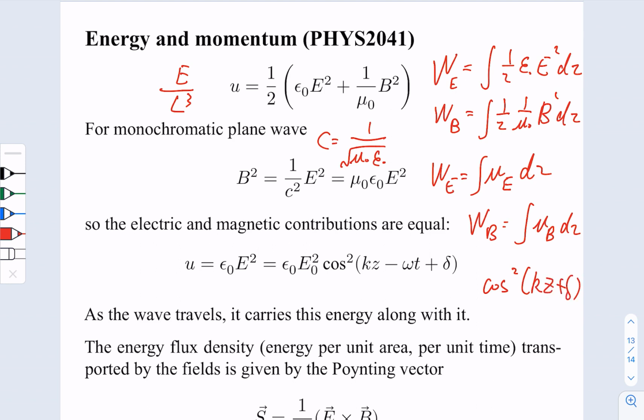There won't be any time dependence, or you can think of this as a snapshot of the energy density at a specific moment t. For this kind of wave, it's interesting in the sense that the energy distribution inside the space is not constant. It actually oscillates up and down.